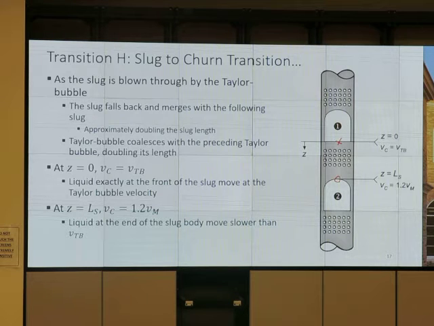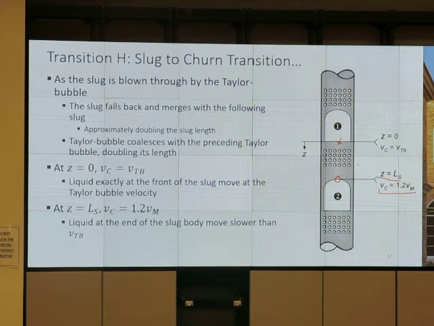What about over there? You see, z equal to Ls, Vc equal to 1.2 Vm. Why is it not VTB? Because we are not talking about the velocity of the interface, but the velocity in the liquid phase. If you recall for horizontal flow, the velocity in the film zone, in theory everything equals Vm, right?